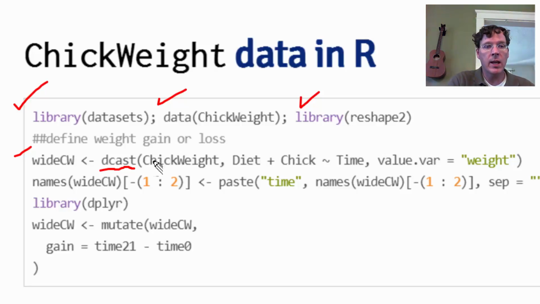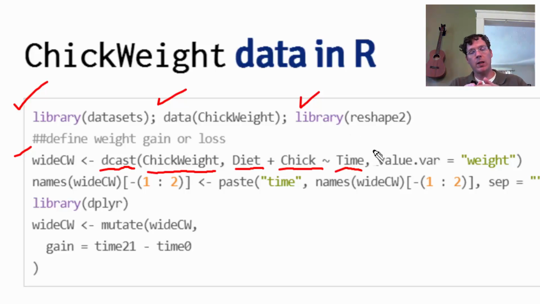So we want to dcast this ChickWeight data frame, and the variables diet and chick are the things that are staying the same, and the time variable is the one that's going to get converted from a long format to a wide format.